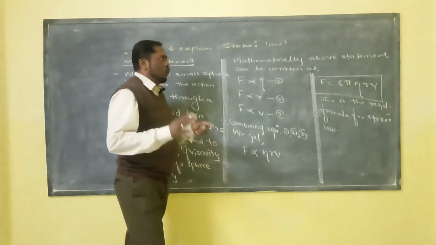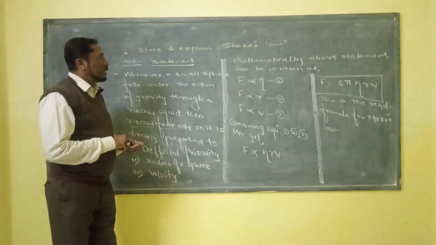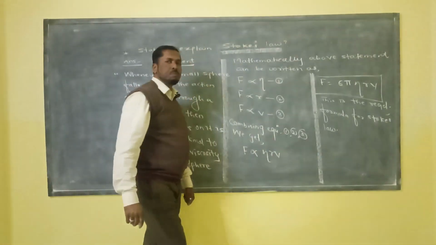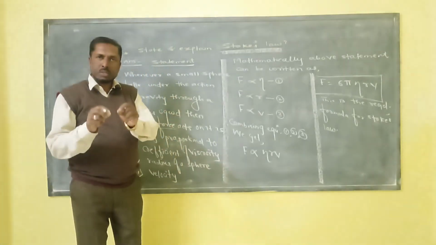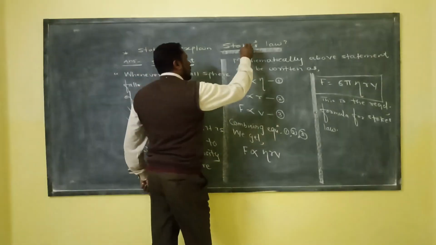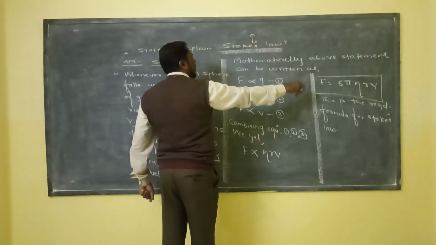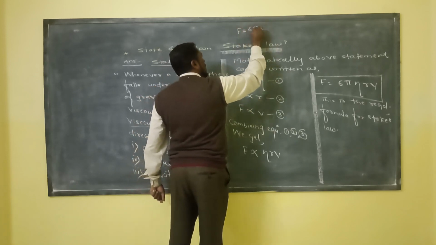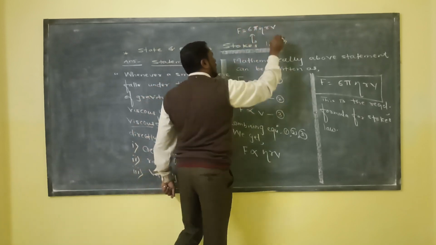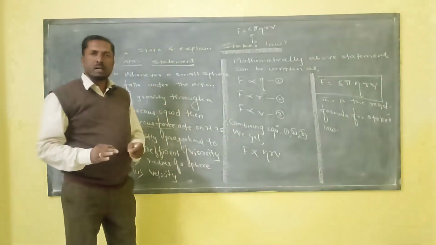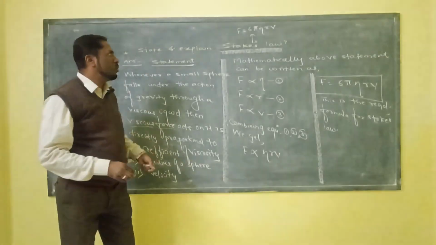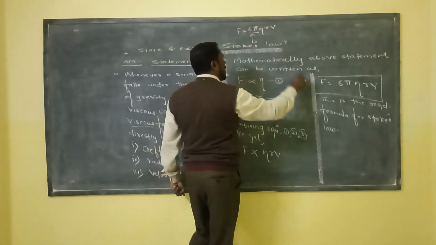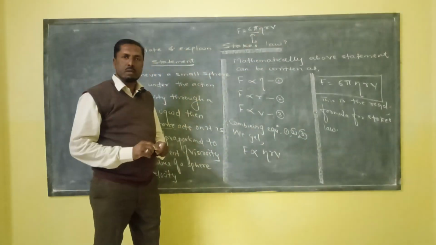Whenever a question is asked related to Stokes, state and explain Stokes law, you must be well familiar with its formula, that is F is equal to 6 pi eta RV. As soon as you hear Stokes law, you must recall that F is equal to 6 pi eta RV, where 6 pi is the constant factor.